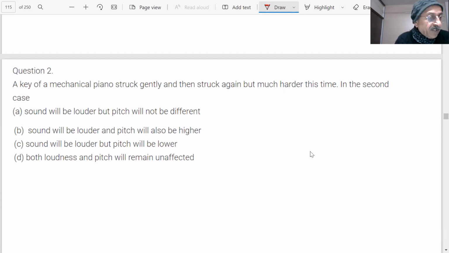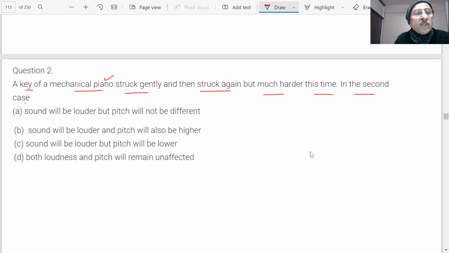Question number 2 is on the screen. A key of a mechanical piano is struck gently. Piano. You have seen a piano? Yes, sir. There is a key, and then it is struck again, but much harder this time.